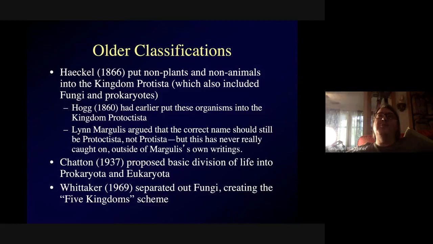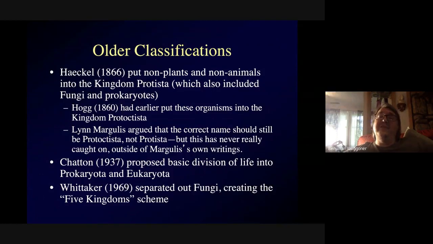Now, something I won't test you on, but that you might encounter somewhere: an otherwise nearly forgotten guy by the name of Hogg had put the same organisms into the kingdom Protoctista. And I mention this because Lynn Margulis always argued that the correct name was not Protista, it was Protoctista. So she wrote and edited whole books about the Protoctists, and all of her papers referred to Protoctists instead of protists.